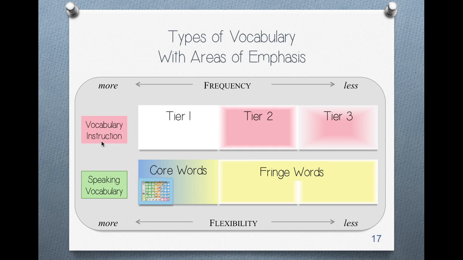Up here under the vocabulary for instruction, you see that the tier 1 words are in white. Remember when I talked about tier 1 words not being targeted for instruction at school, or at least vocabulary instruction? So there's no highlighting here because they're not vocabulary targets. Tier 2 is really where you'll see the intensive targeting of vocabulary, and then again some of tier 3. So here's our first mismatch.